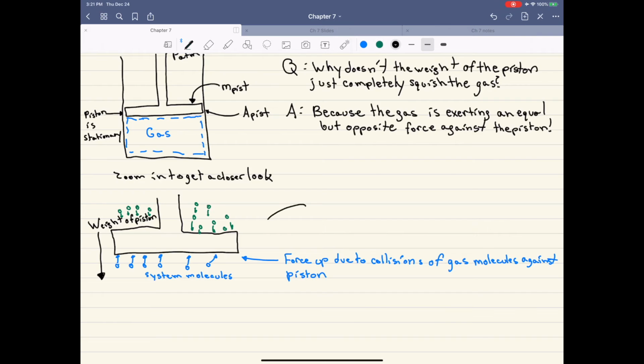And so what we have is the downward forces that are due to the weight of the piston and the collision of atmosphere particles downward.